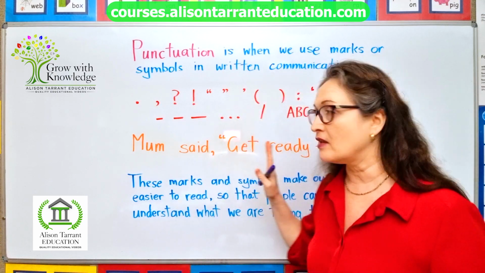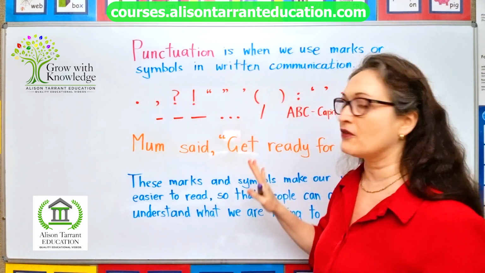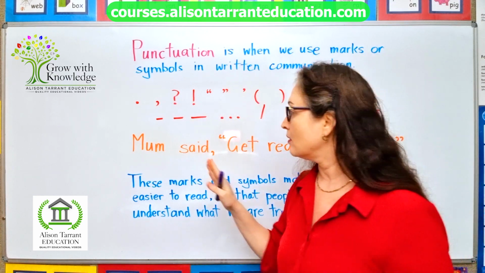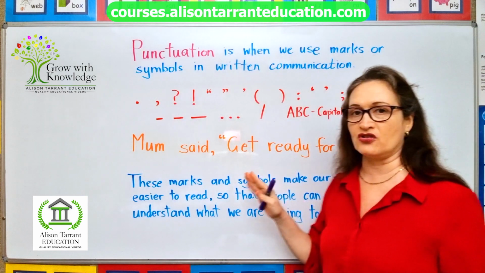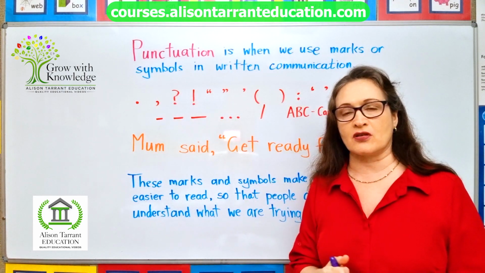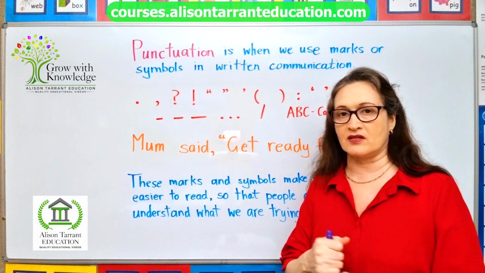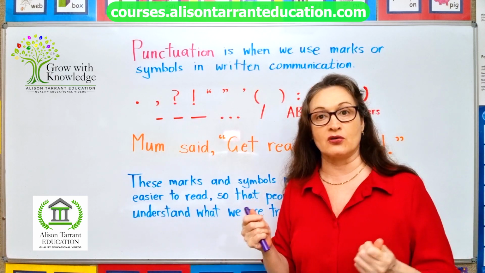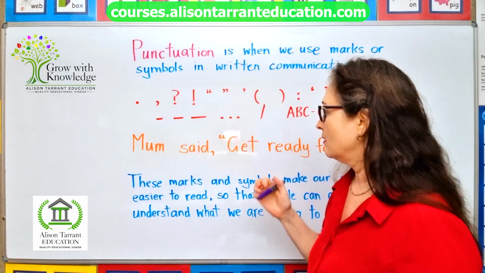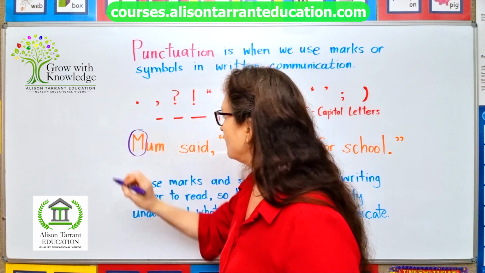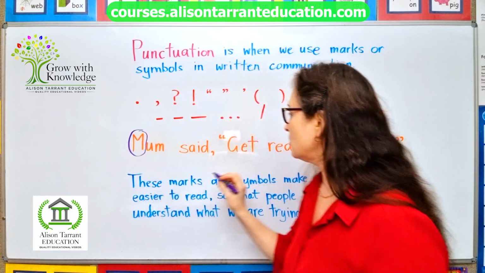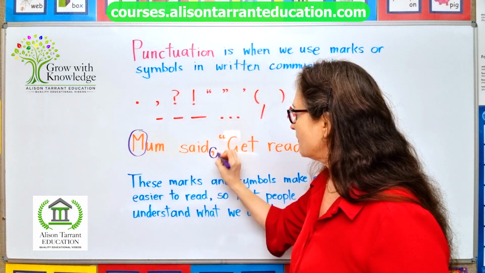So just in this video where I'm covering what punctuation means, I have done a simple sentence here and it does have punctuation in it. And I will just circle the punctuation in this sentence to give you some idea of what it looks like in a sentence. So this is a capital letter. That's actually a punctuation symbol. This is a comma.